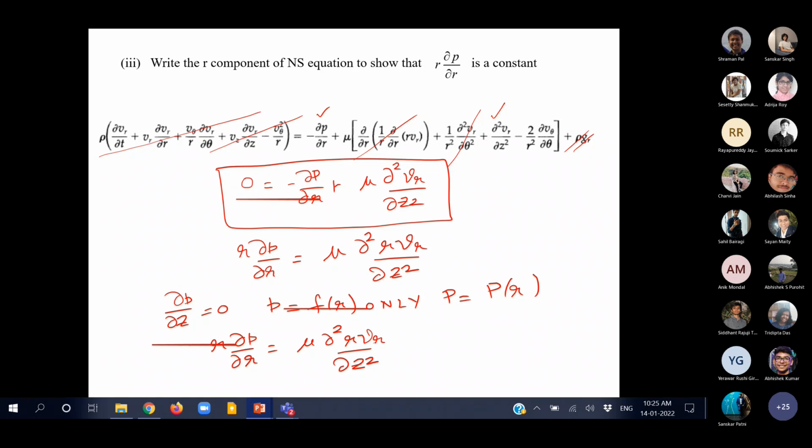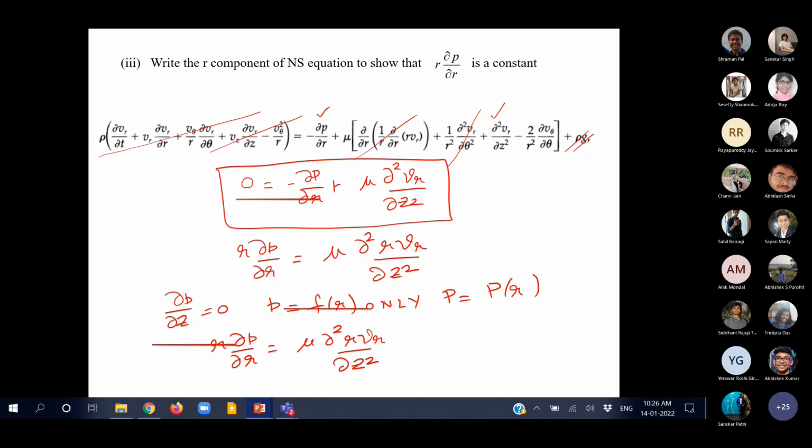If I look at the left hand side, R del P del R, is it a function of z or a function of r?